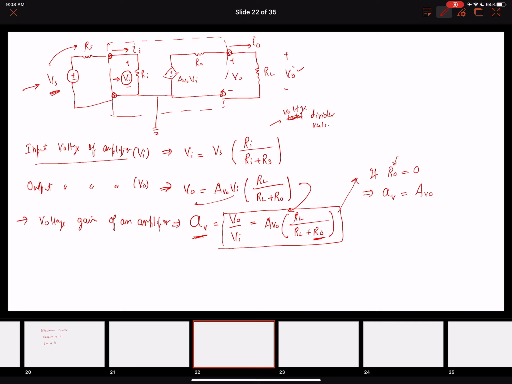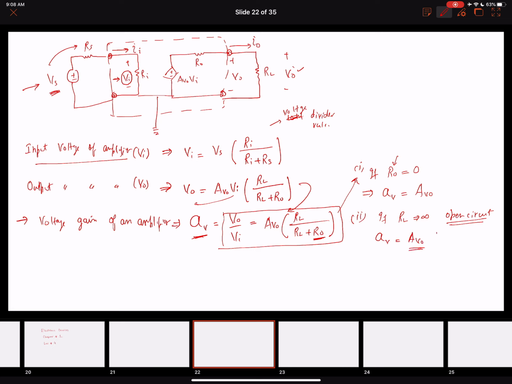Now, the second thing that I want to talk about is, if the load resistance approaches infinite, which means that we have an open circuit at the output. If RL approaches infinite, then again AV will become equal to AV naught.